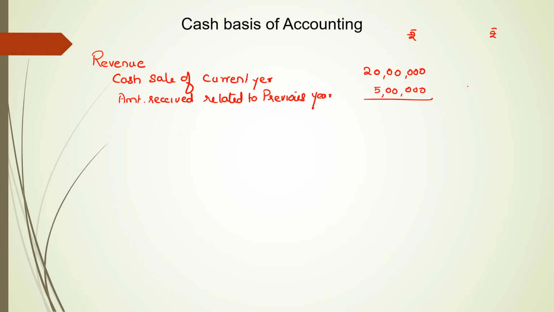So totally the revenue as per the cash basis of accounting, whatever has been received, is 25 lakh. From this we will deduct the expenses paid during the year.